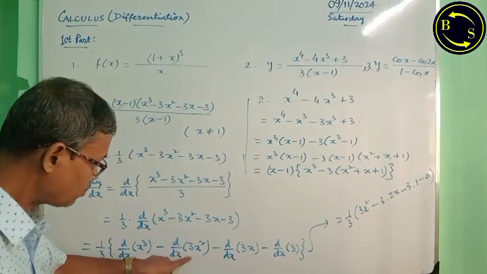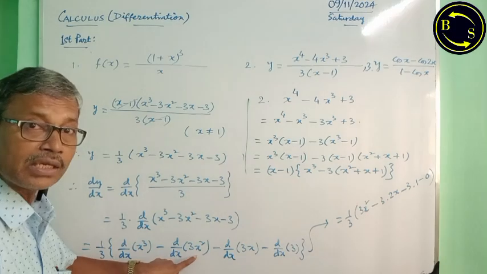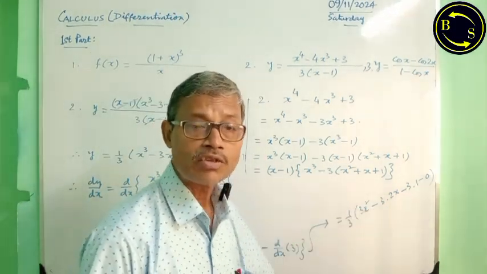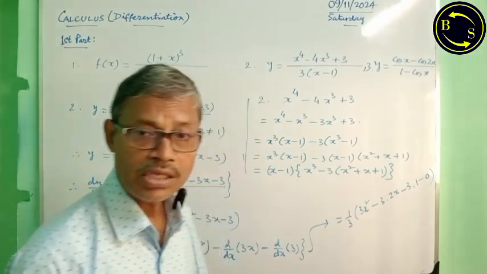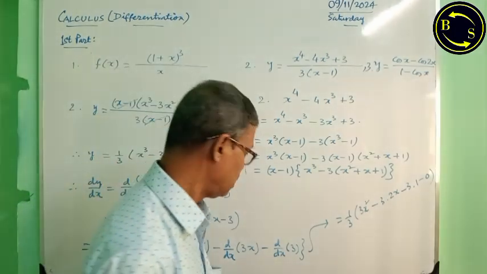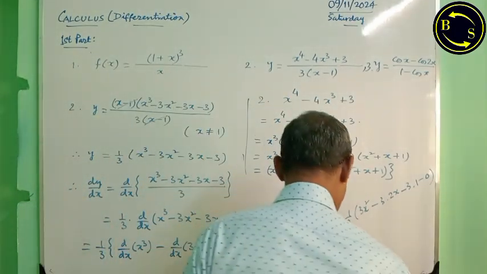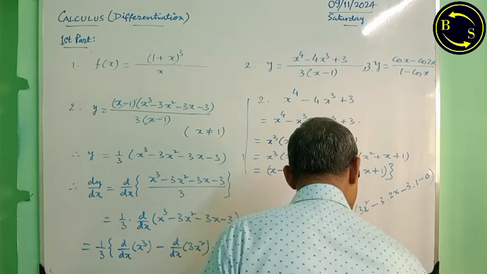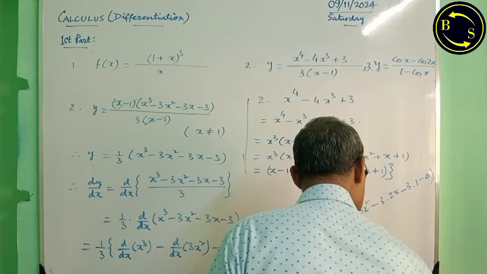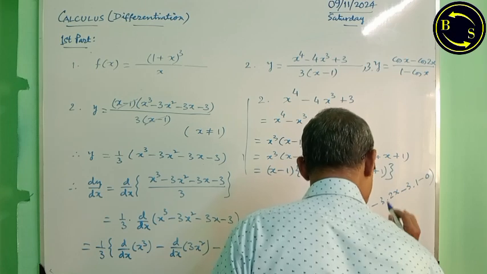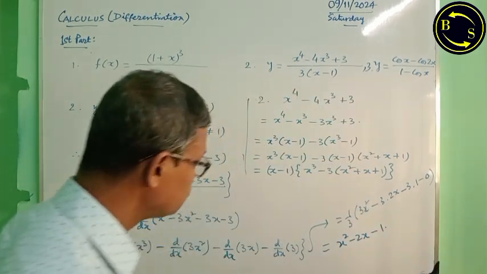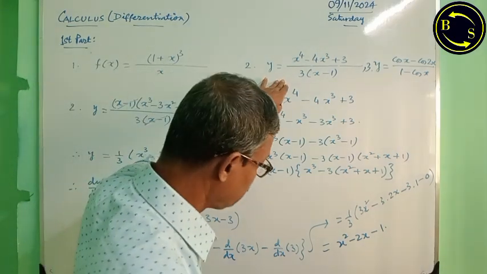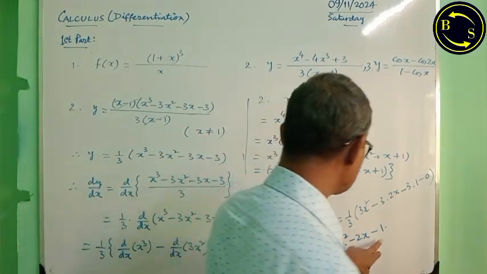Then d dx of constant into x square, constant is taken outside as per the theorem d dx of c f(x) equal to c into derivative of f(x), etc. Then on simplification we get x square minus 2x minus 1. Therefore, derivative of this one is x square minus 2x minus 1.